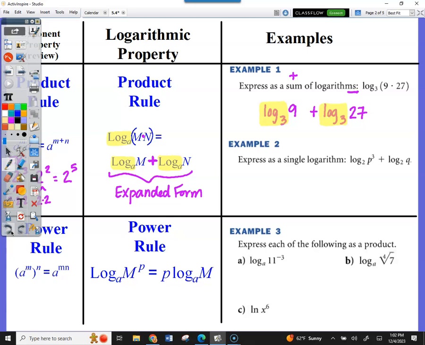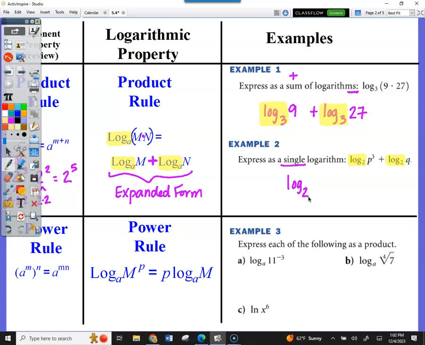This is in expanded form. I need to write it as a single log. They have to match in bases. Log base 2, log base 2. So as a single log, it would be log base, wait for it, 2.